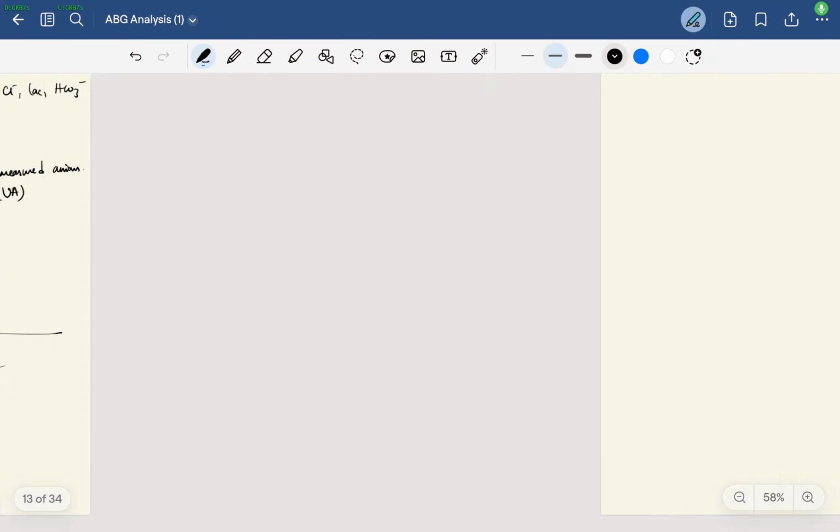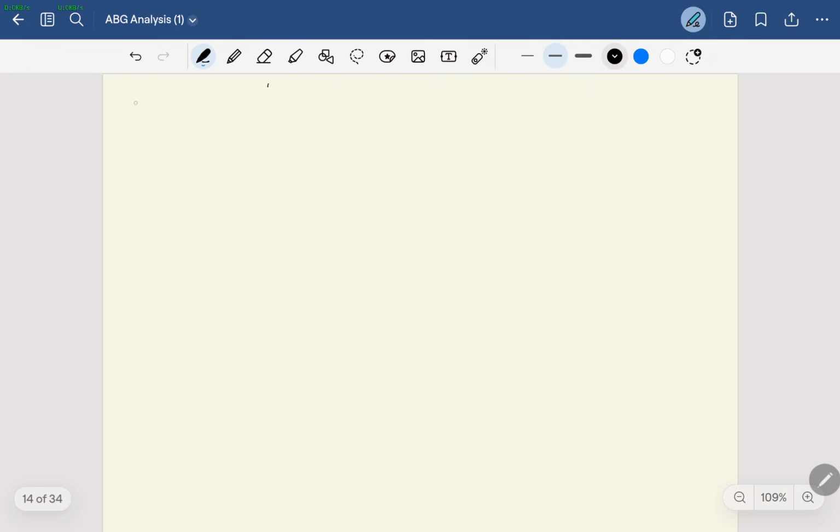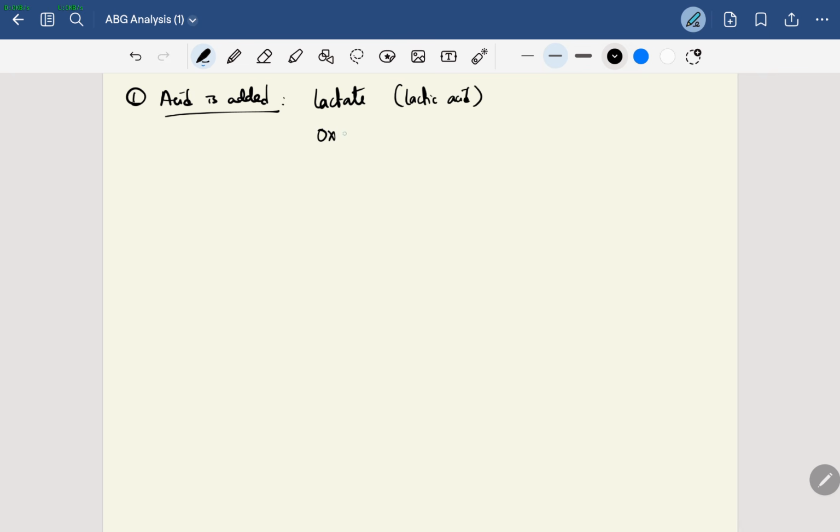So to further elaborate on this, let's consider a scenario where acid is added to the system. This acid in the body could come in the form of lactate, which is lactic acid, could come in the form of oxalate, which is basically oxalic acid, which is derived from ethylene glycol. Now, ethylene glycol is used as antifreeze.